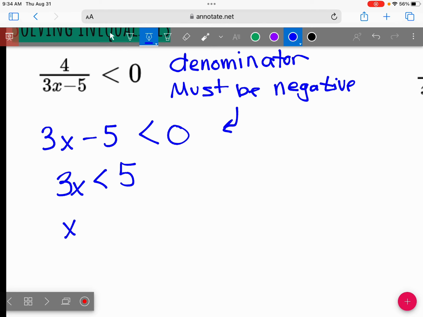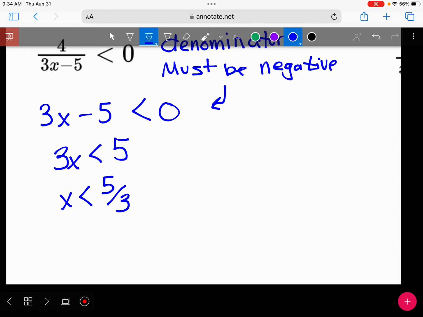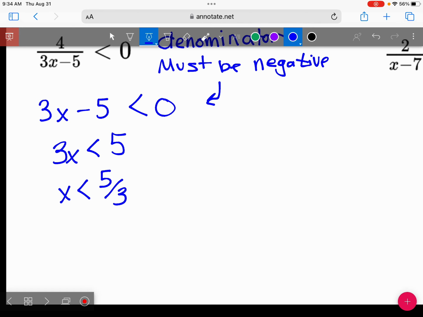So x is less than what? 5/3. So our negative infinity to 5/3 in parentheses.